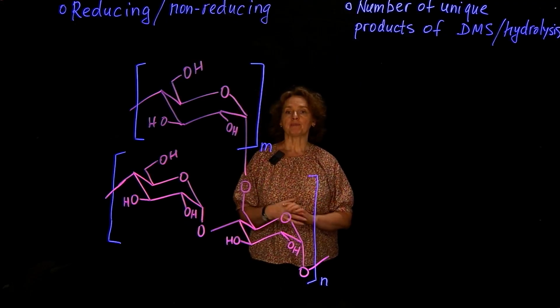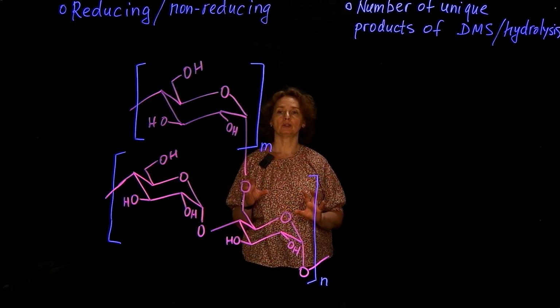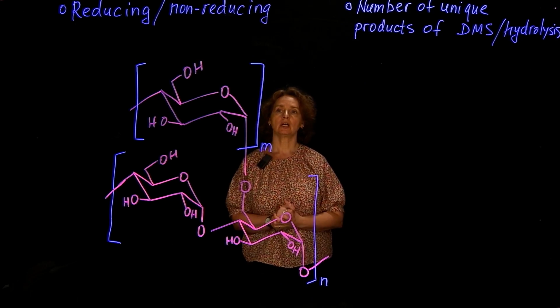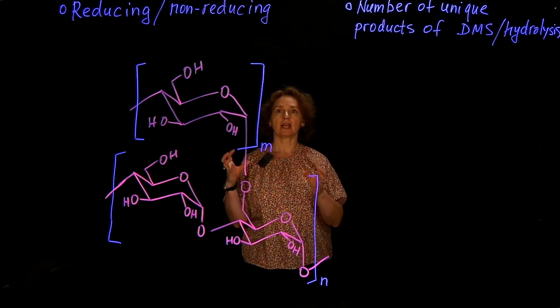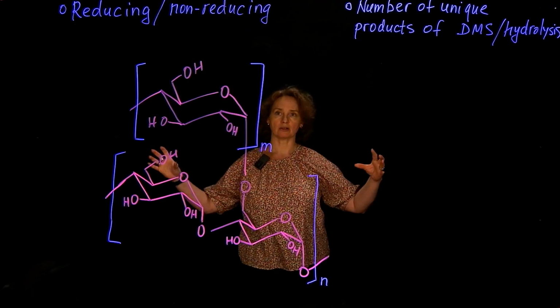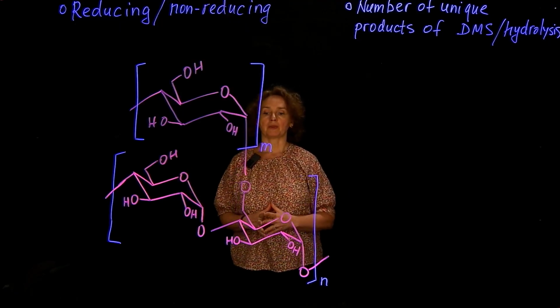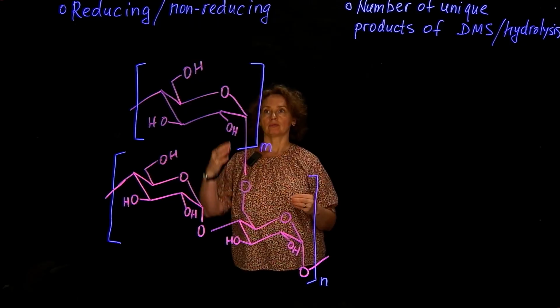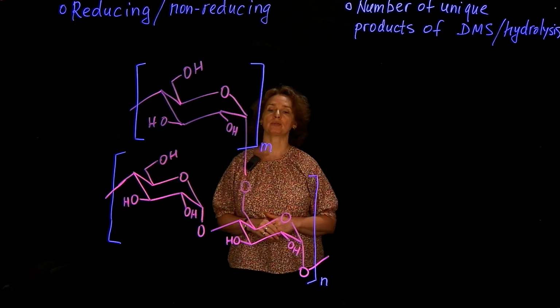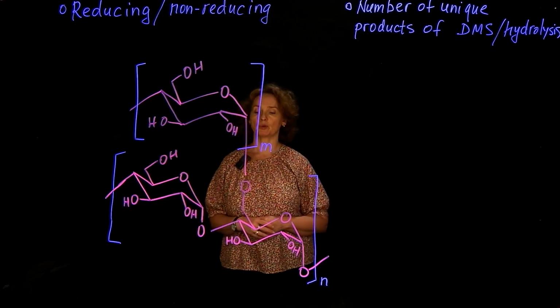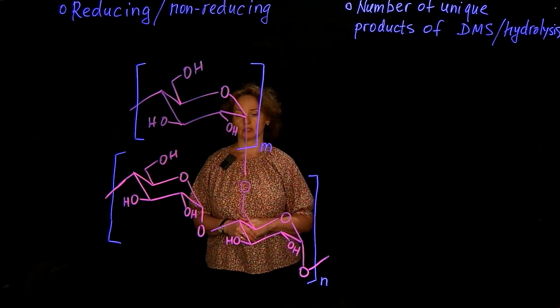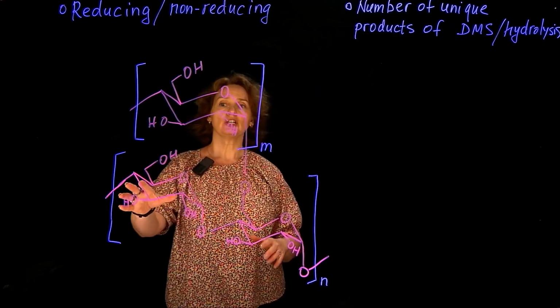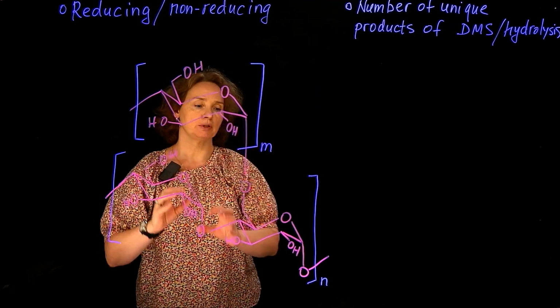So first of all, let's talk about sugars at the very end of that polysaccharide chain. And that allows us to determine the properties of that sugar as a reducing agent. So this notation means that this is just a repeating unit, right?